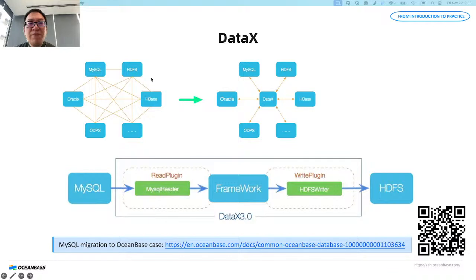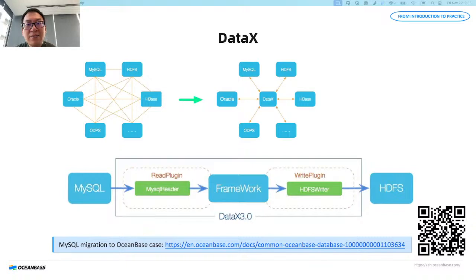From the left picture, we can see that the data synchronization we built before is similar to a mesh structure. It will create many data synchronization links, which will be very complicated as a whole.